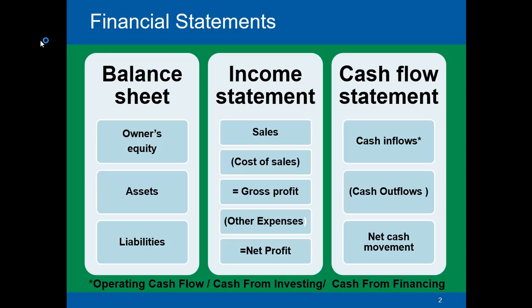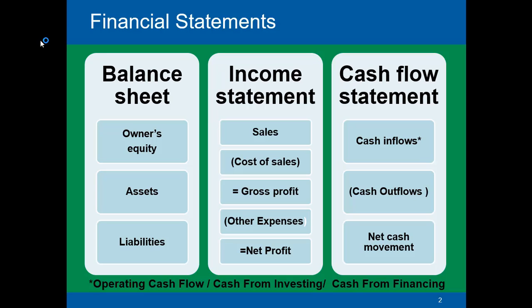Now, as we'll understand, the cash flow statement is broken into three kinds of cash flows. The operating cash flow, which means how much cash the company has generated from its core business of selling their goods and services. And second, the cash from investment activities.